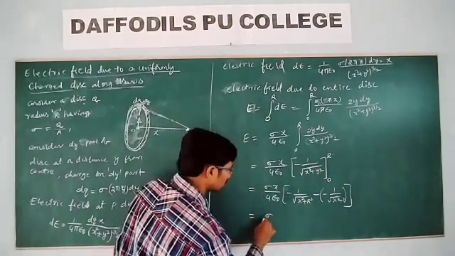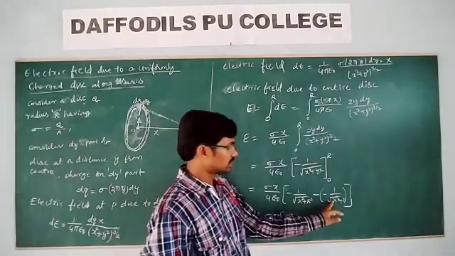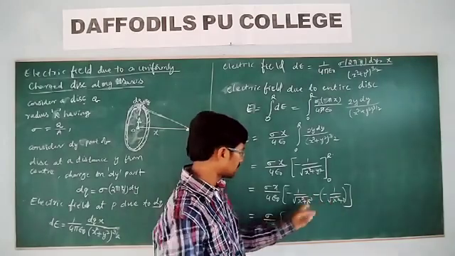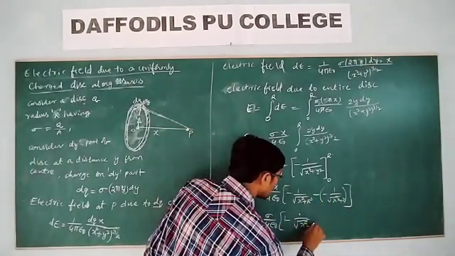That is equal to sigma by 4 epsilon naught into, here this is nothing but 1 by x, 1 by x minus 1 by root over x square plus r square.